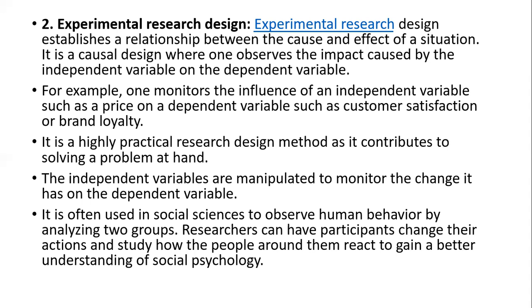Another example: one monitors the influence of an independent variable such as price on a dependent variable such as customer satisfaction or brand loyalty. Obviously if you pay more, you are expecting a higher satisfaction level and the highest quality. That is totally dependent. If it is not, then the dependent variable loses the independent variable.